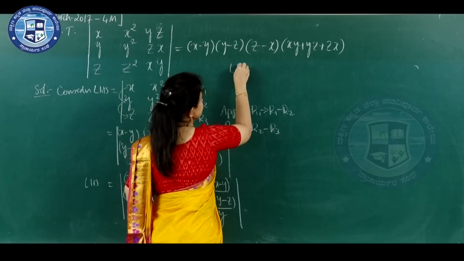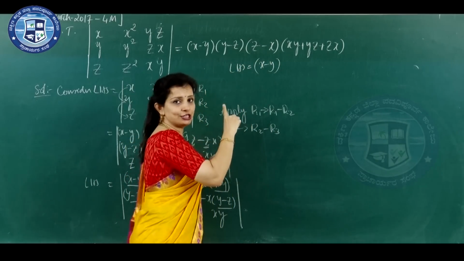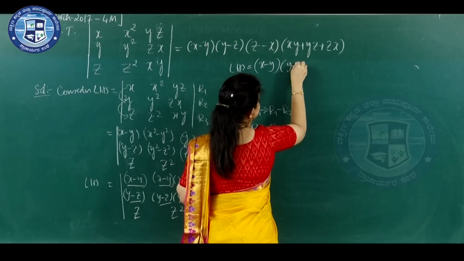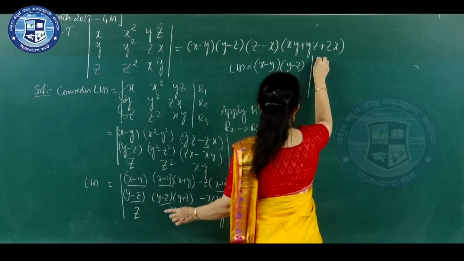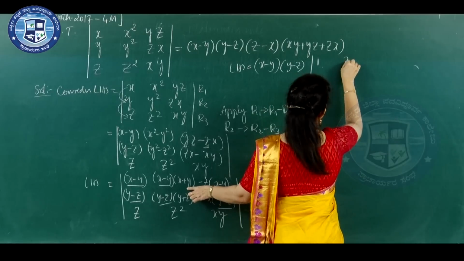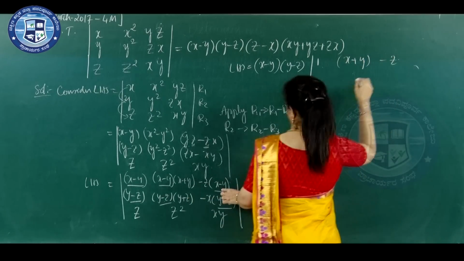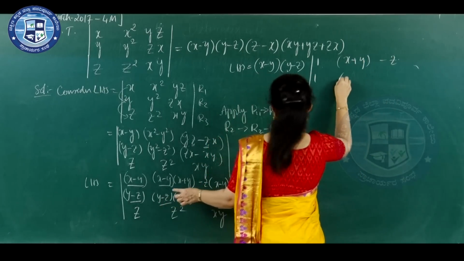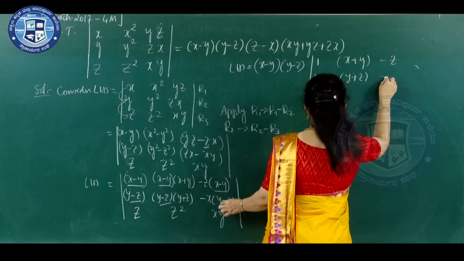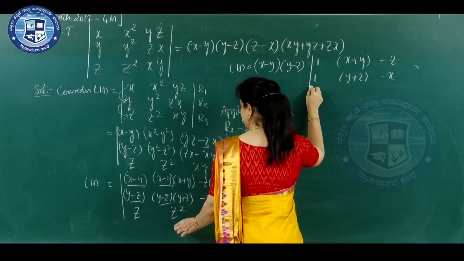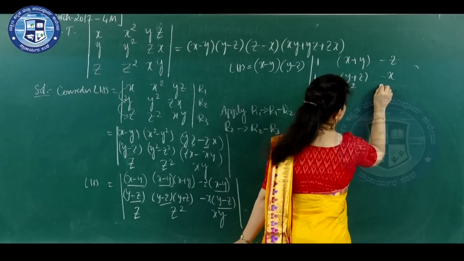To write LHS equals x minus y is taken out from the first row, y minus z from the second row, remaining elements are 1, here x plus y, then here minus z, 1, y plus z, minus x. Third row elements as it is, z, z square, xy.